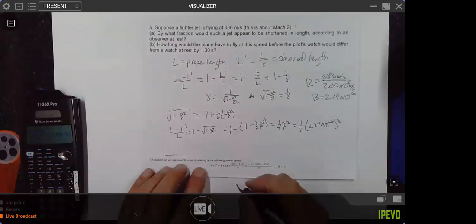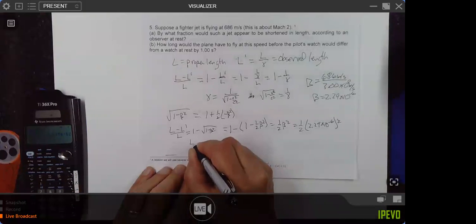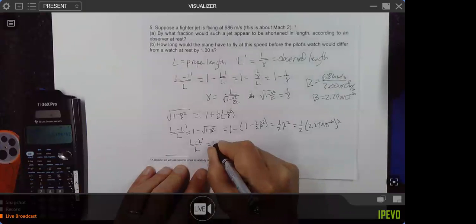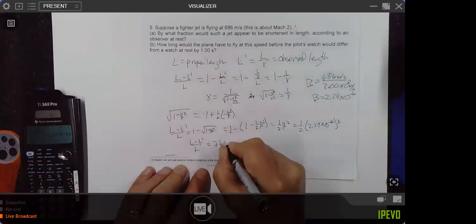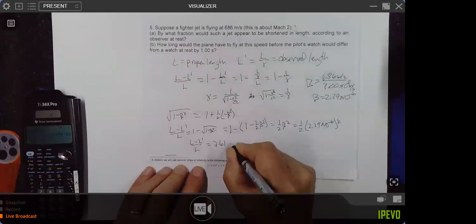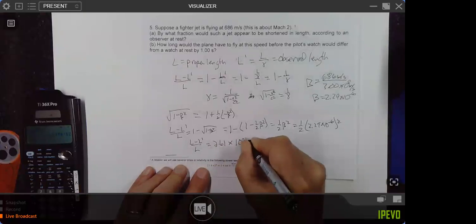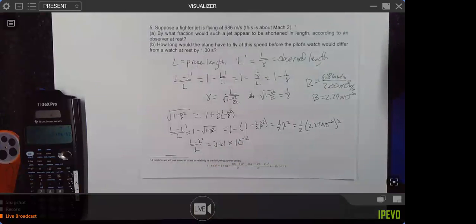Okay, the fraction it appears shortened in length, L minus L prime over L, is about 2.61, not that it's important to have significant figures on here, times 10 to the minus 12th. So around 3 parts in a trillion, I guess. So not that important.